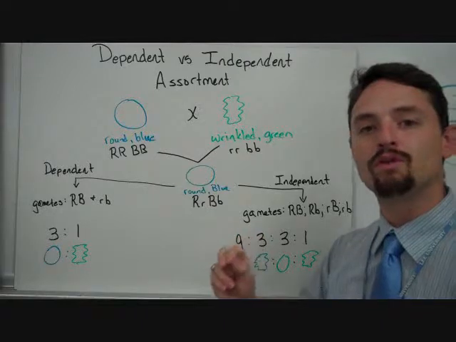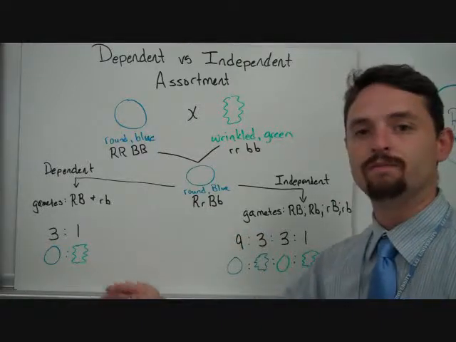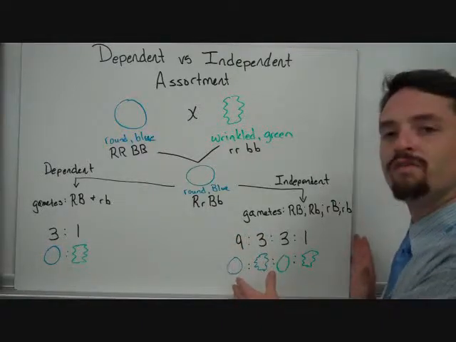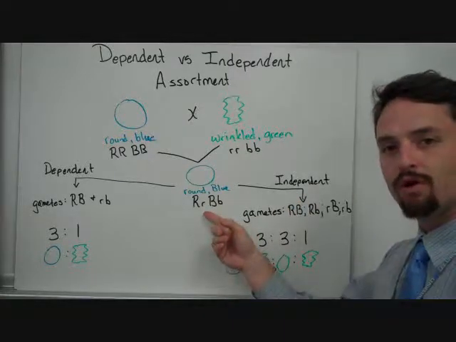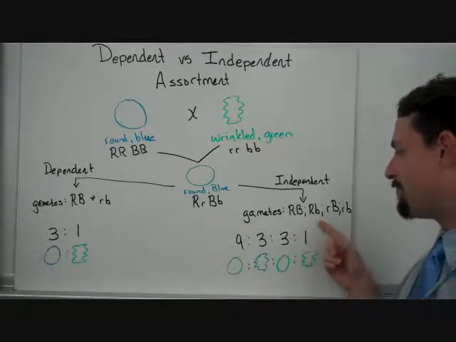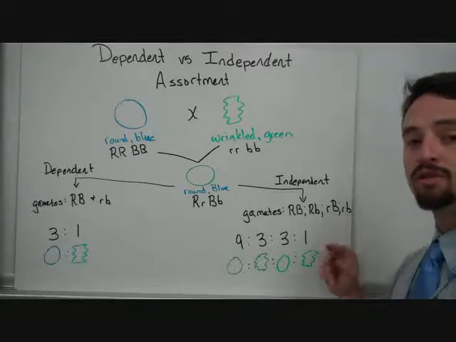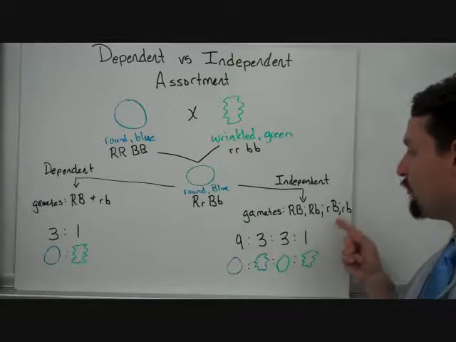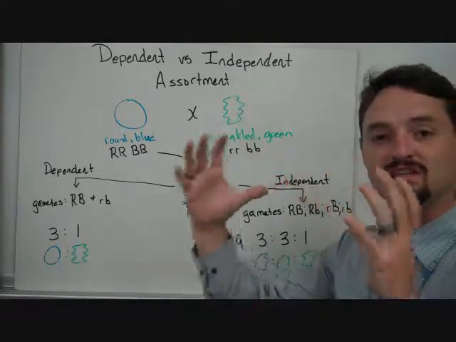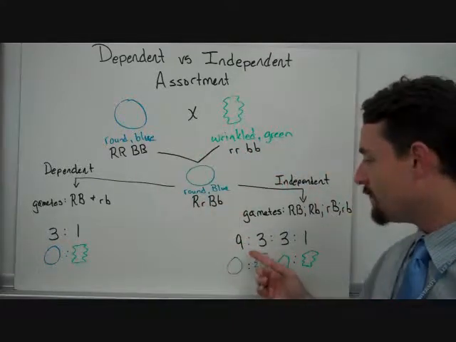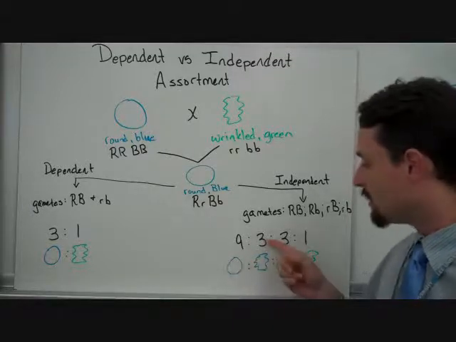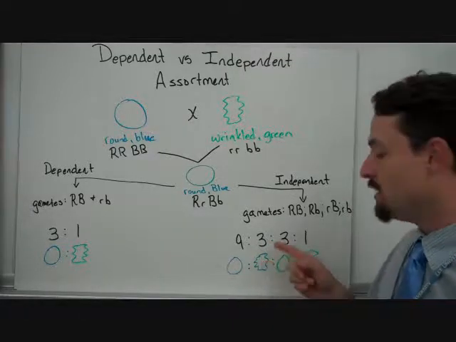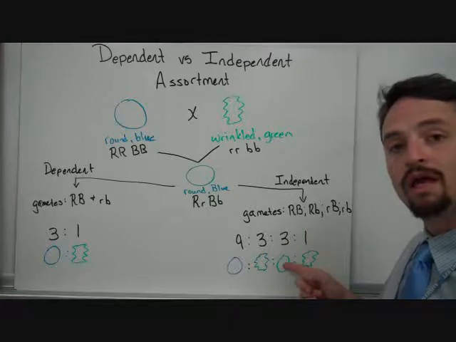Most traits, however, that we're looking at don't have this ratio. Instead, they are over here. So in this case, you have a dihybrid cross. So you've got 4 possible gametes, and we'll do some examples of this in class. 4 possible gametes, which gives you 16 possible offspring. And what you find is 9 of those offspring will be round and blue. 3 of them will be wrinkled and blue. 3 of them will be green and round.